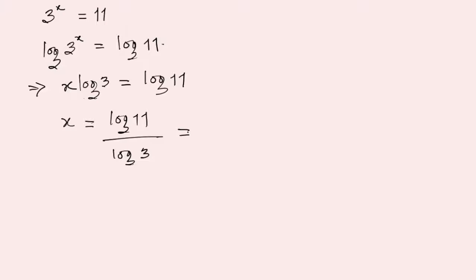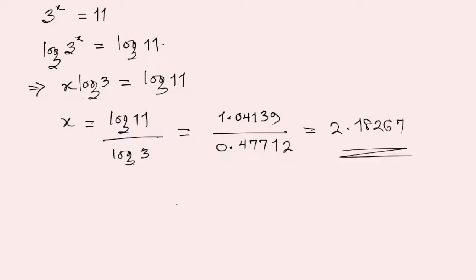Using our calculator, we know that log 11 is equal to 1.04139, and log 3 is equal to 0.47712, and this is equal to 2.18267. You can actually confirm that by raising 3 to the power of 2.18267, and you should get 11.